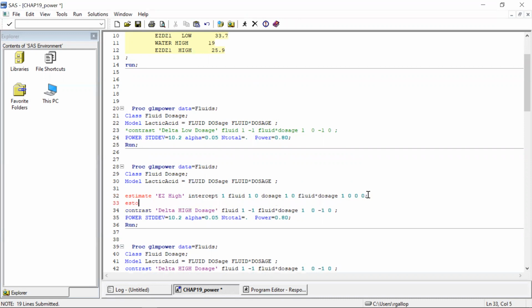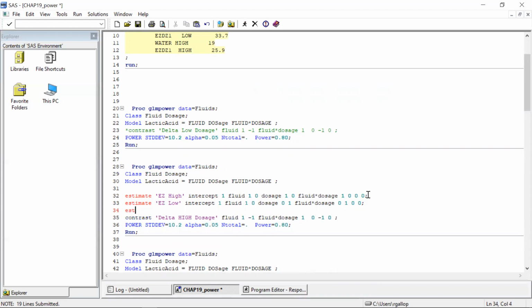Did the same thing, estimate easy low. So it'd be intercept 1, fluid, we're still at easy, dosage went to high, then fluid star dosage. So it'd be easy low, easy high, water low, water high.